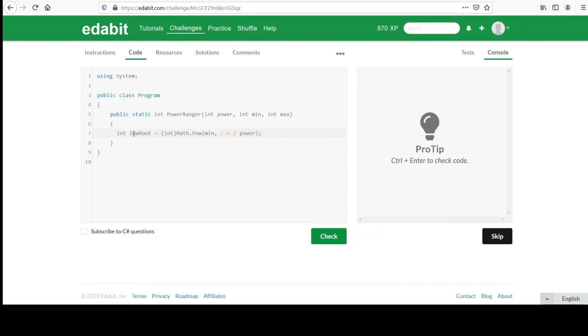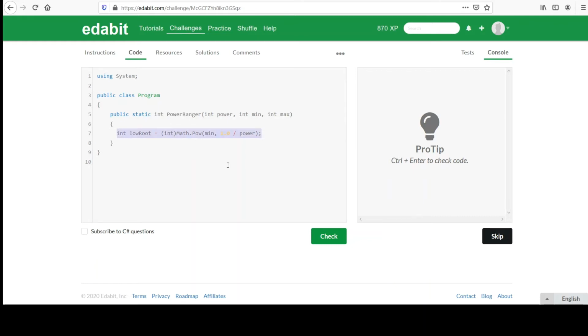That'll give us the root. And I used 1.0 here to make it a floating point type, so it won't truncate when it does this division. Consider if the power were 3, for example, I wouldn't want to go 1 divided by 3 as integer. I would lose some precision there. So that's why I did that. We convert it. Okay, I think we're good.